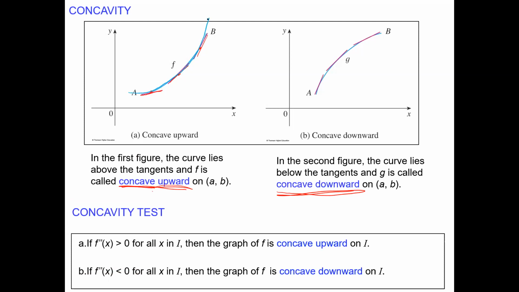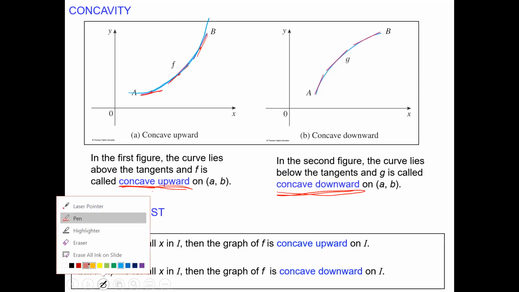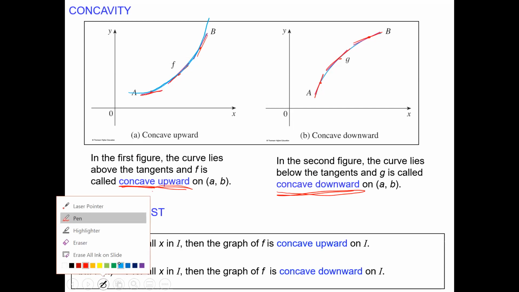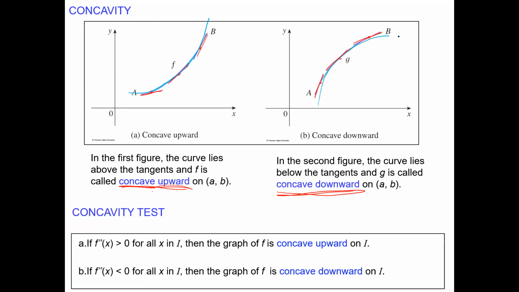That means if the tangent line is placed below the curve, the curve is concave upwards. And respectively, on the other side, when you draw a tangent line and the tangent line is placed above the curve, then the curve is below, the curve is bended downwards.